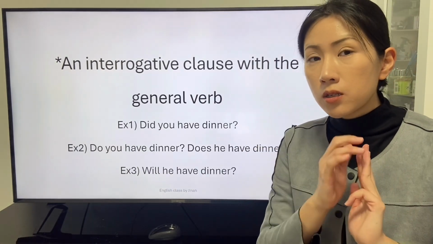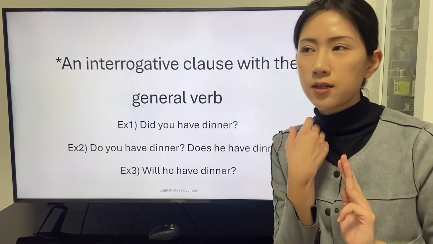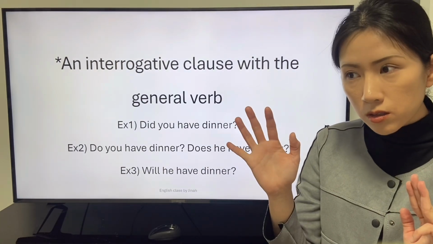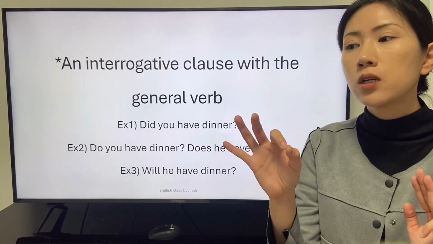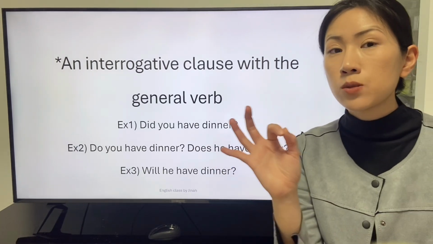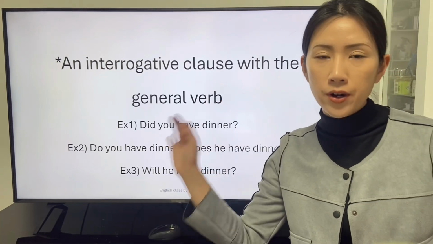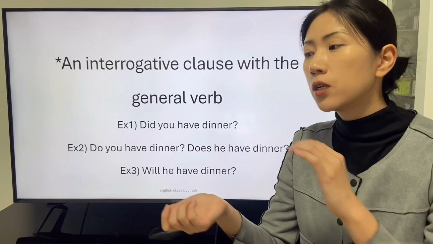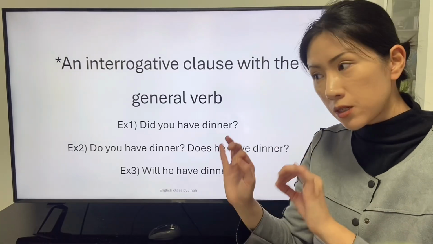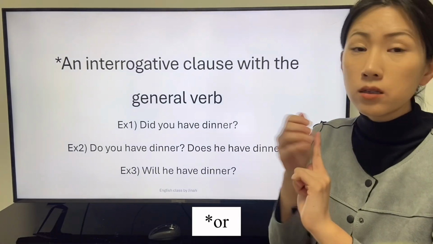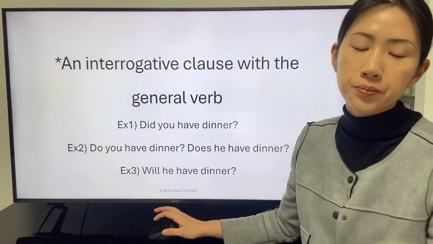Plus, the listeners can recognize that the verb of the interrogative clause is one of the general verbs. The modal verb will is applied to start the interrogative clause with the general verb, the be verb.